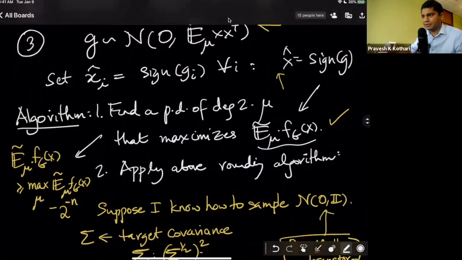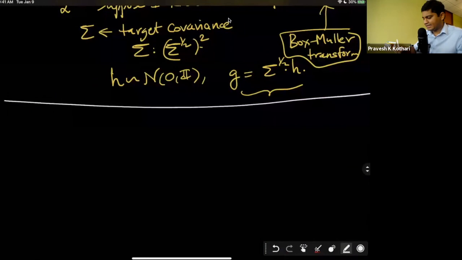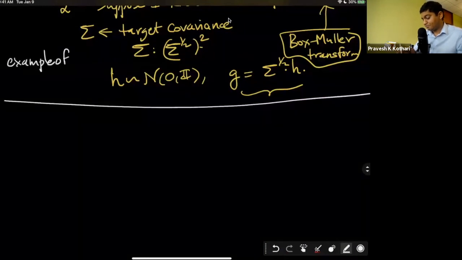That's the algorithm we analyzed. And coming back, for this class, we are looking at this as an example of quadratic optimization, more precisely homogeneous quadratic optimization.